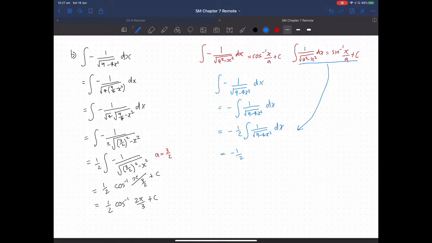So we have minus a half inverse sine of 2x on 3 plus c. Both answers are correct.